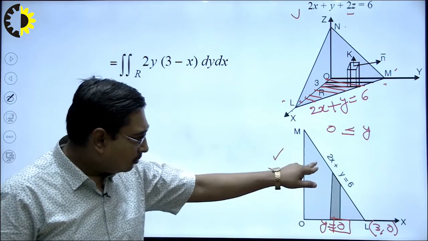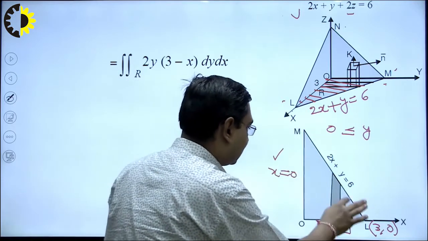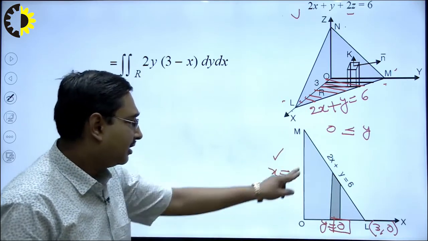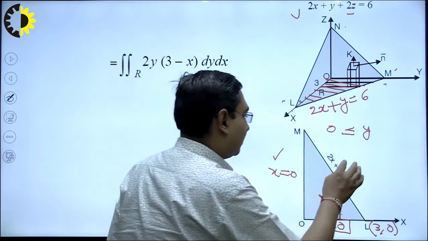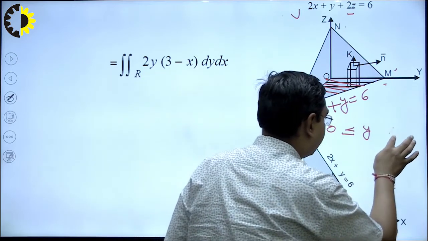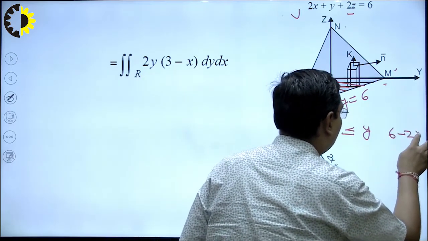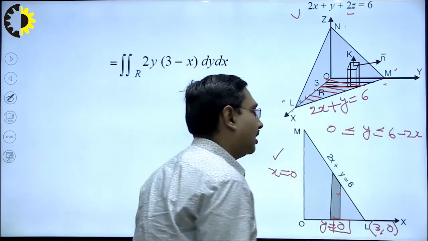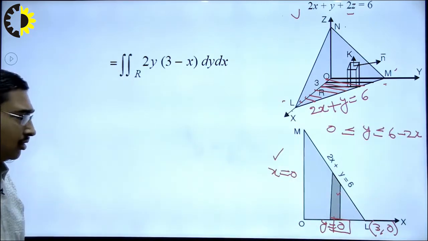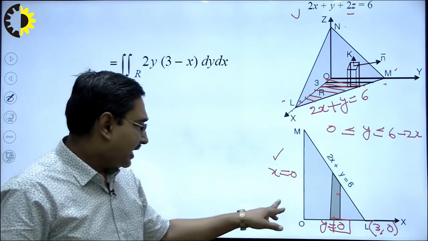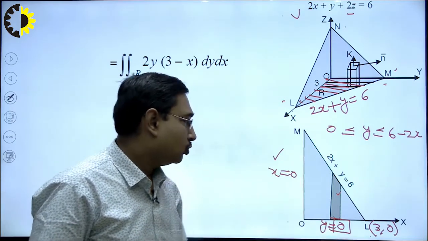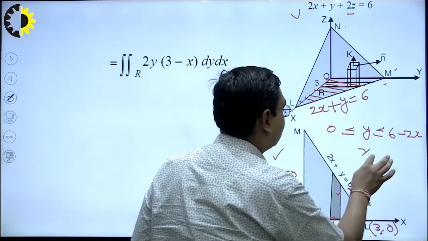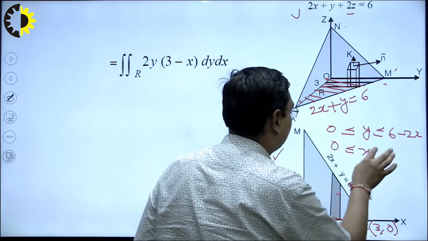The topmost point of this strip is lying on this straight line. This equation gives the value of y as 6 minus 2x, and it will be the upper limit of y. Now, over this region, x varies from 0 to 3, therefore, limits of x are from 0 to 3.